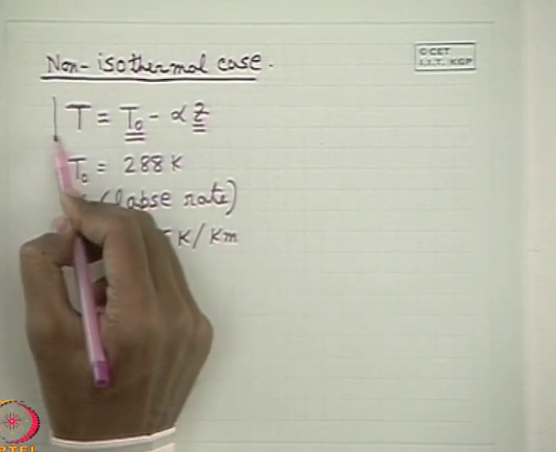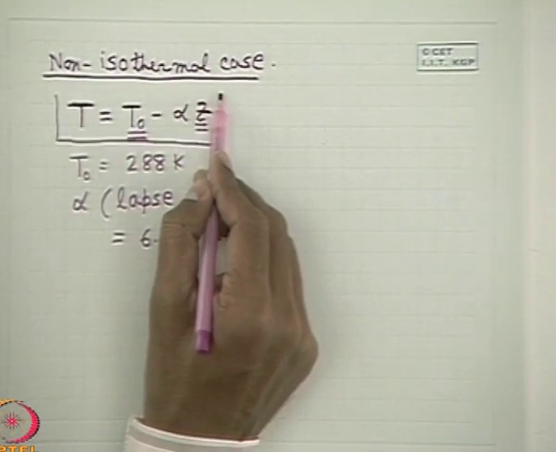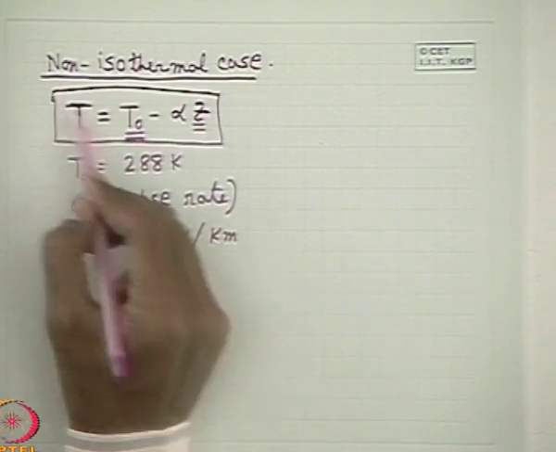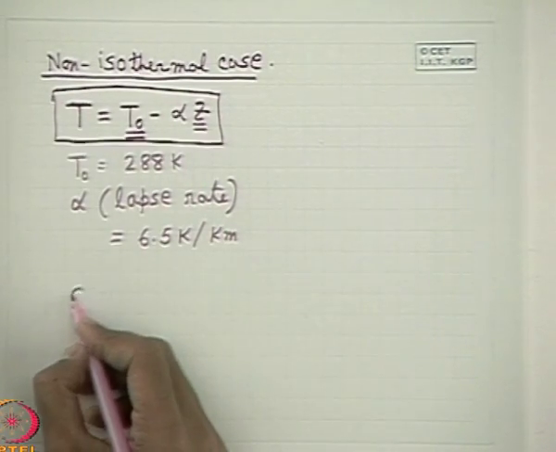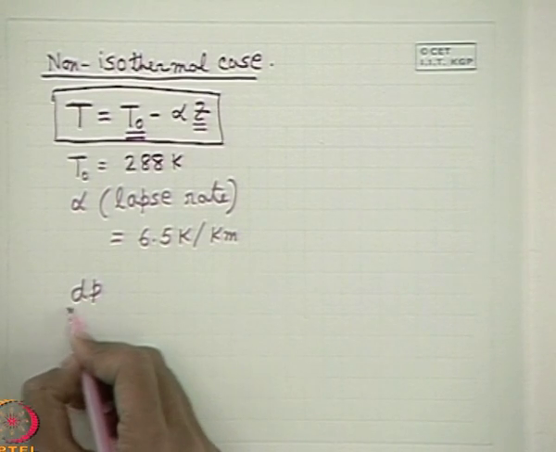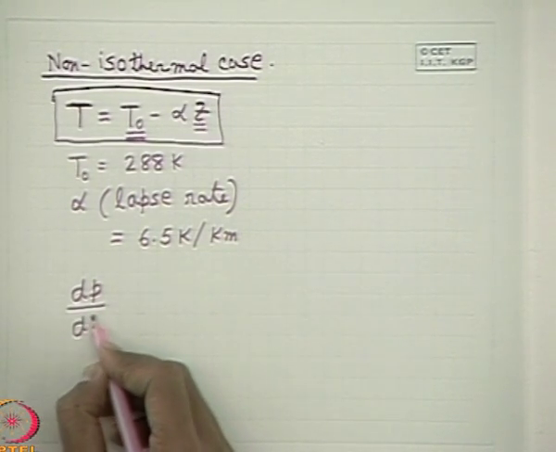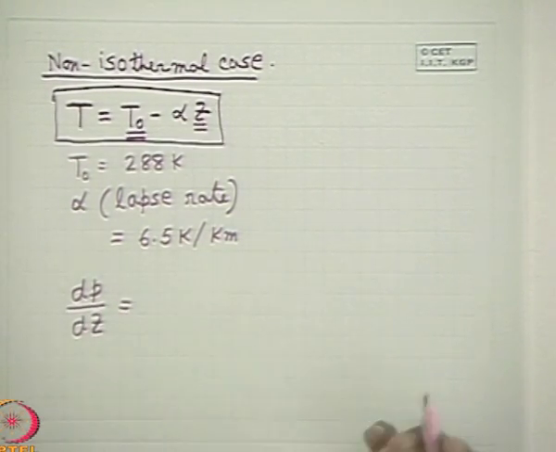So this way, if we define the temperature change, the temperature decreasing with the altitude, then the rest of the part, to find the explicit relationship of pressure with the altitude, becomes simple mathematics.